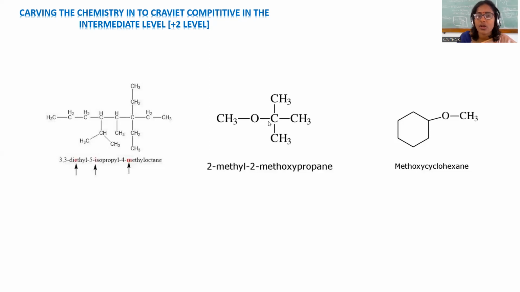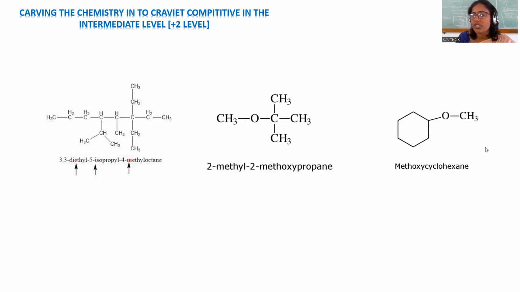The alkoxy will be methoxy, which is on the second carbon, so 2-methoxy, and the parent chain is prop, and since it is singly bonded, we can say propane. On the second carbon methyl, and on the second carbon methoxy, and parent chain propane, so 2-methoxy-2-methylpropane is the IUPAC name of compound number 2.